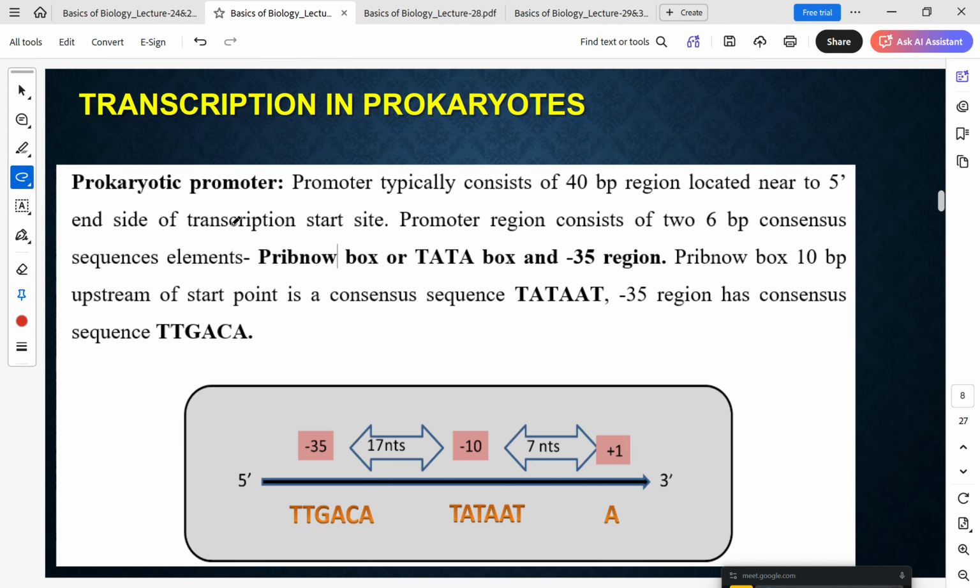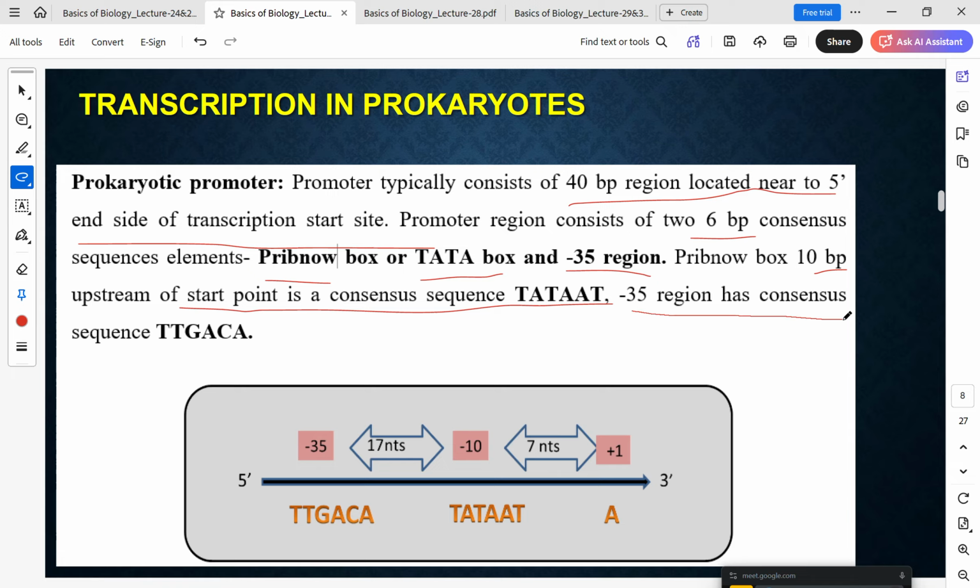The prokaryotic promoter consists of a 40 base pair region located near the 5' end of the transcription start site. This consists of 2 6 base pair consensus elements known as the Pribnow box or TATA box at the -10 region, and the -35 region. The -10 region is 10 base pairs upstream of the start point, with a consensus sequence of TATAAT.